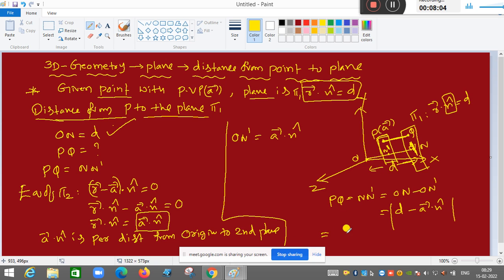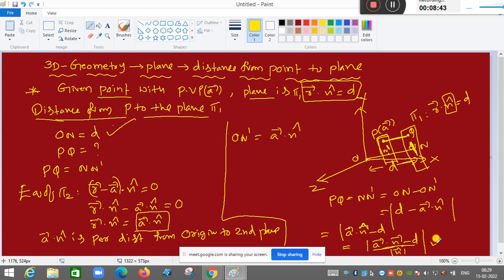So the distance can be written as a bar dot n cap minus d. In place of n cap we can write a bar dot n bar by magnitude of n bar, minus d.